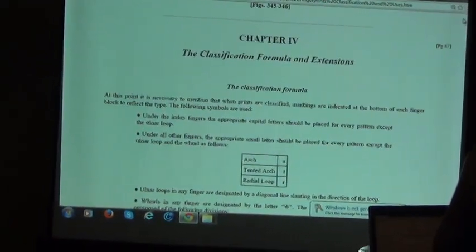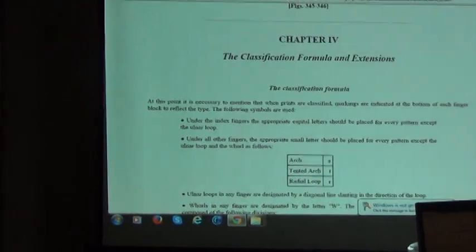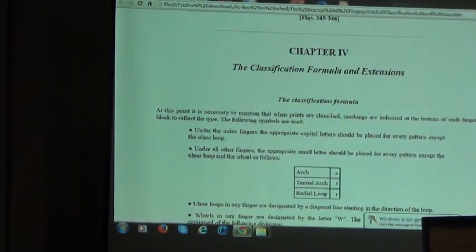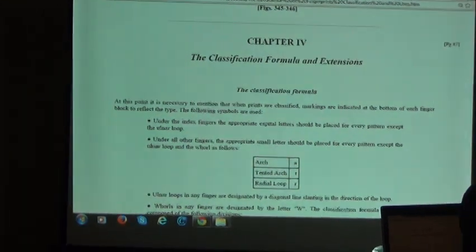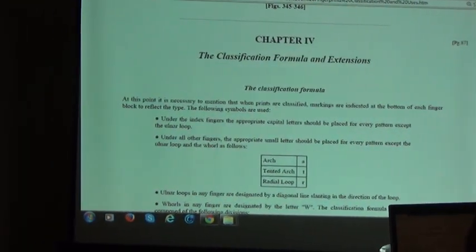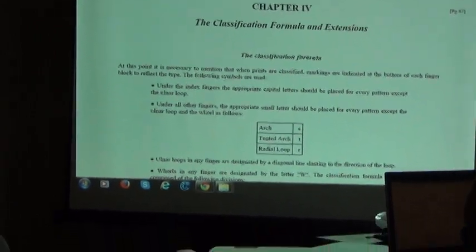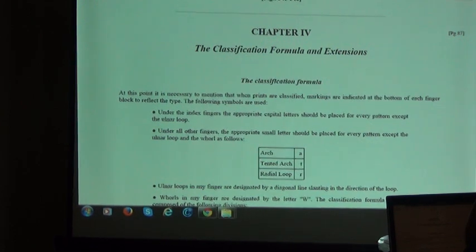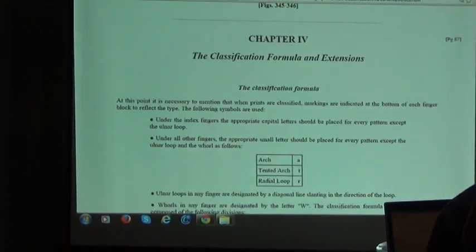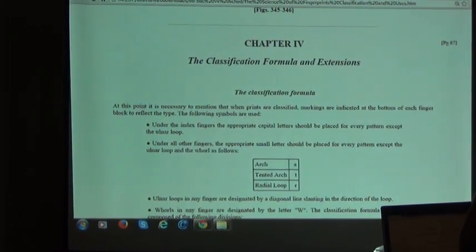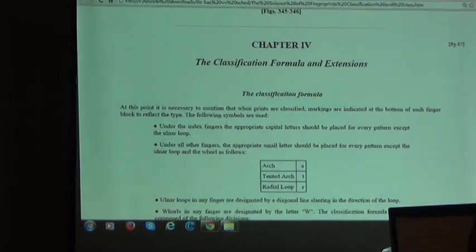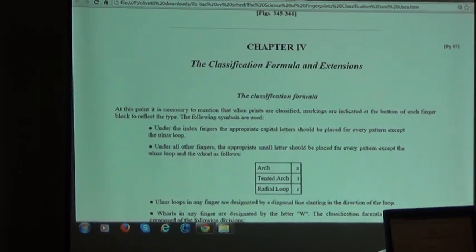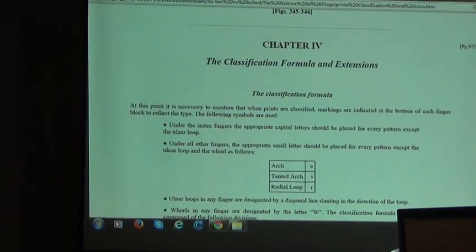Under the index finger, the appropriate capital letters should be placed for every pattern except for the ulnar loop. Under all the other fingers, the appropriate small letter should be placed for every pattern except for ulnar loop and the whorl, as follows. Small letter group.